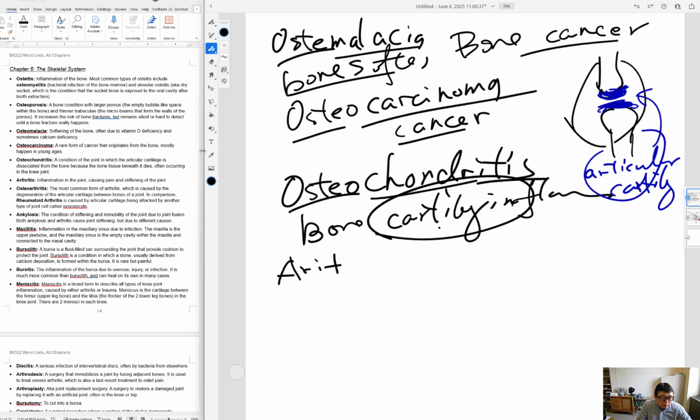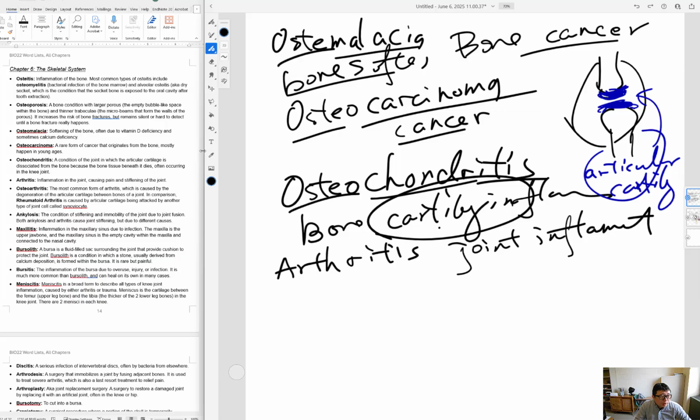Arthritis means inflammation of the joints. And arthritis has many different types. The most common is called osteoarthritis.